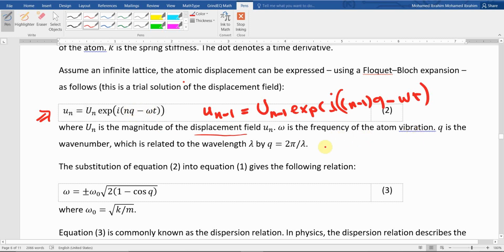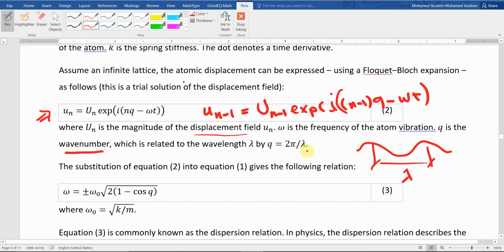What is q? q is commonly known as the wave number, and it can be related to the wavelength of the incident wave. We are subjecting this lattice to a wave, so this wave will have a wavelength, and the wavelength should be this distance, for example, for any incident wave. So this should be the wavelength. This wavelength can be related to q, the wave number.